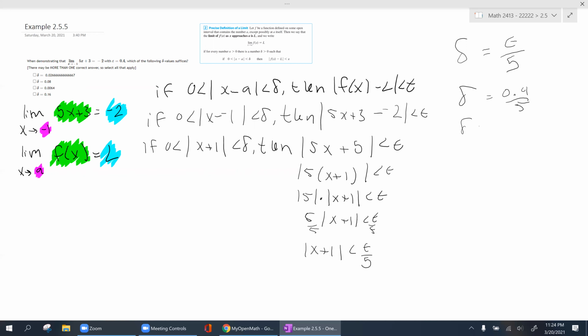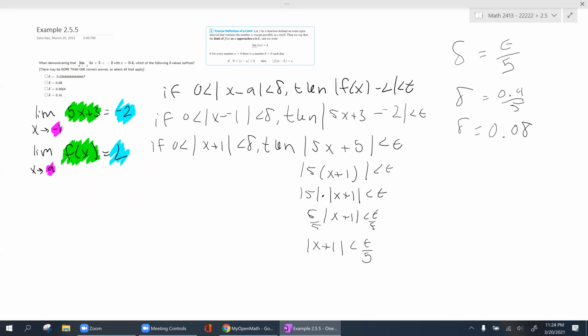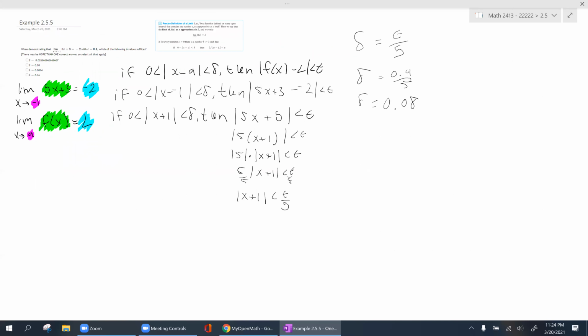This is 0.08. Since delta is equal to epsilon over 5, that means the right-hand side is just 0.08.